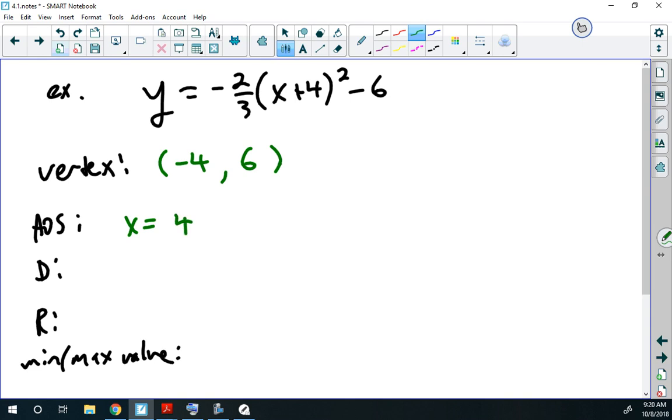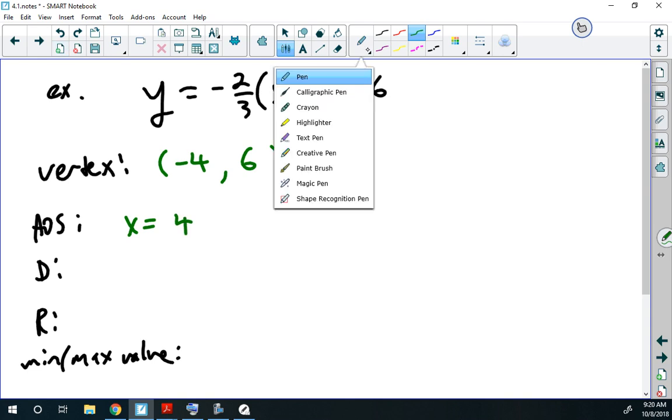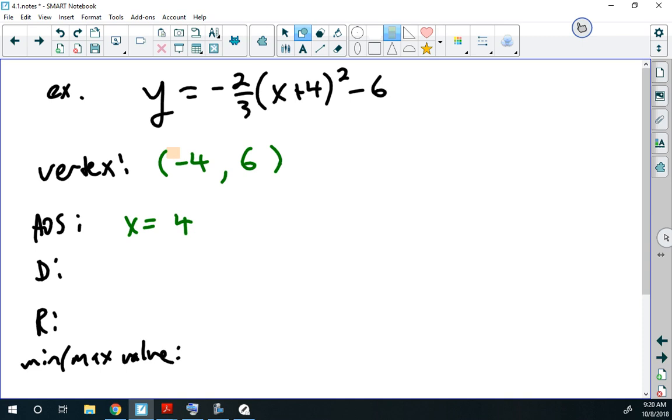X equals, if you forgot this, remember that this and this will always be the same. So x equals -4. So what about our domain? There's no restrictions on the x values, so negative to positive infinity.